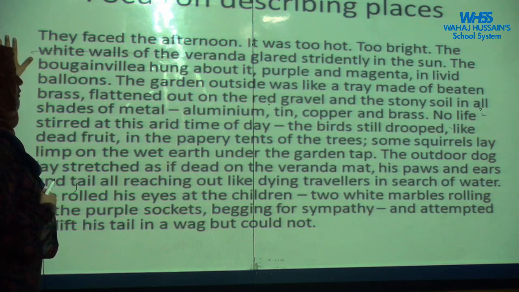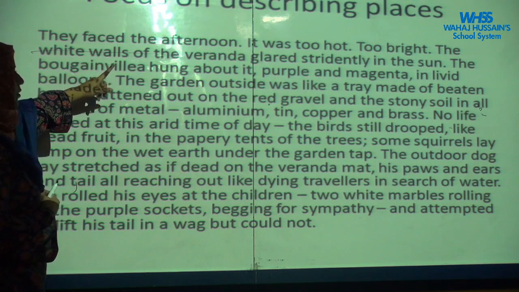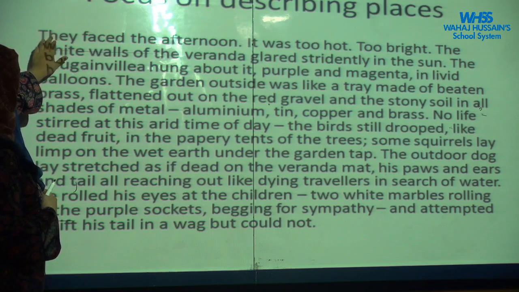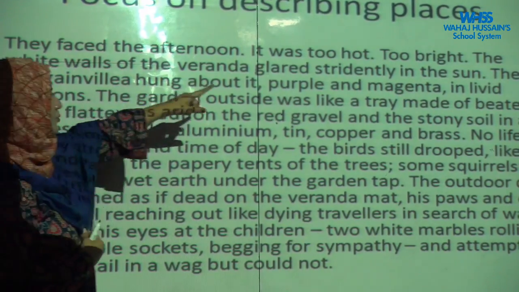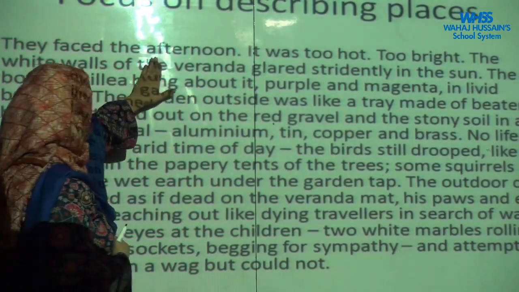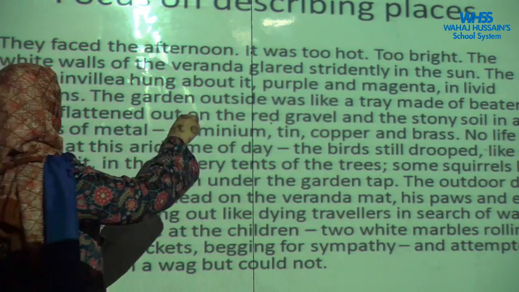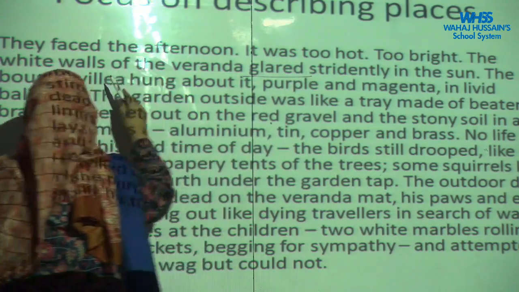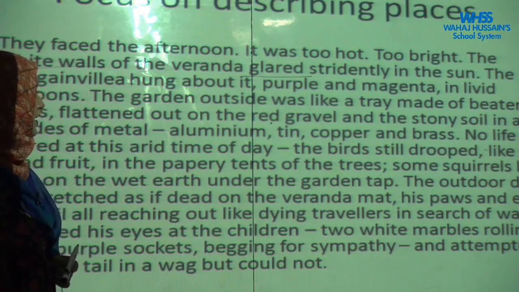Focus on describing places. They faced the afternoon. It was too hot. Now I want to know what they faced. They faced the afternoon. It was too hot, too bright. The white walls of the veranda glared stridently in the sun. Glared. Walls are glaring. Again, white walls, visual imagery and personification.